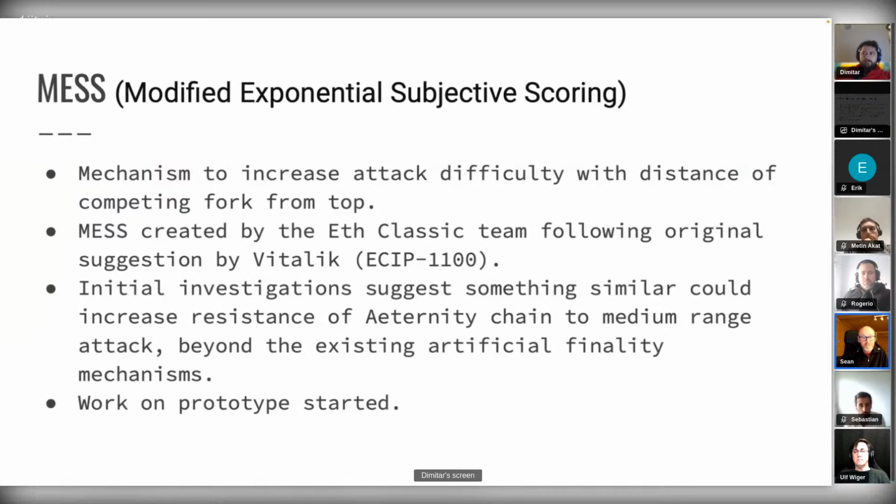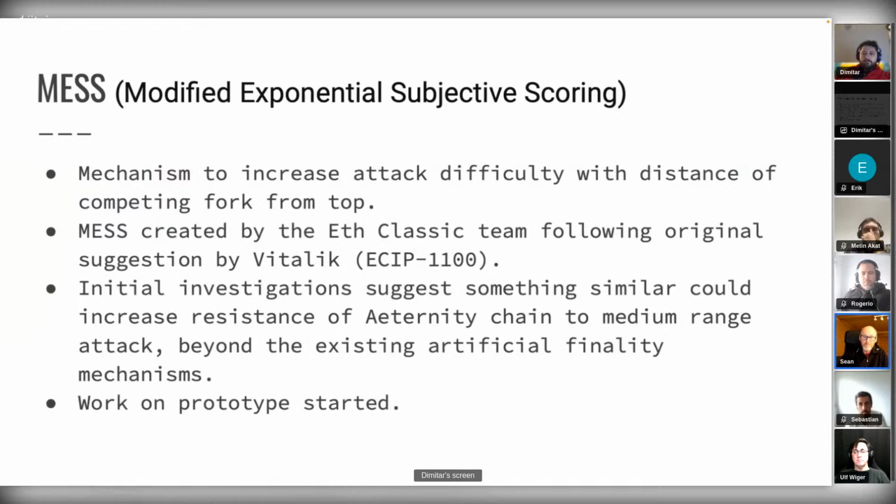And one of those is MES. It was come up with by the ETH Classic team, and it is live in ETH Classic today. The idea is that for an attacking fork, a 51% attack, the longer the fork, the longer the attack is, the much more difficult it is to attack the chain, even beyond the proof of work difficulty.